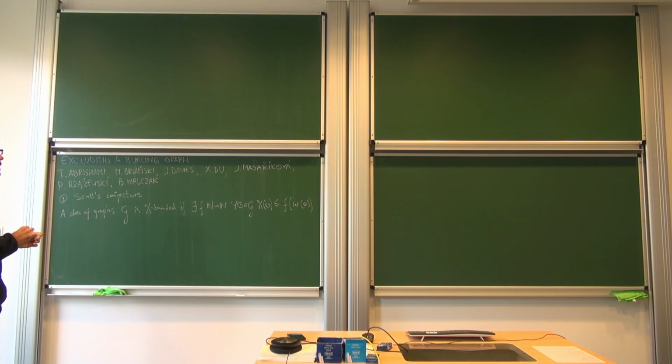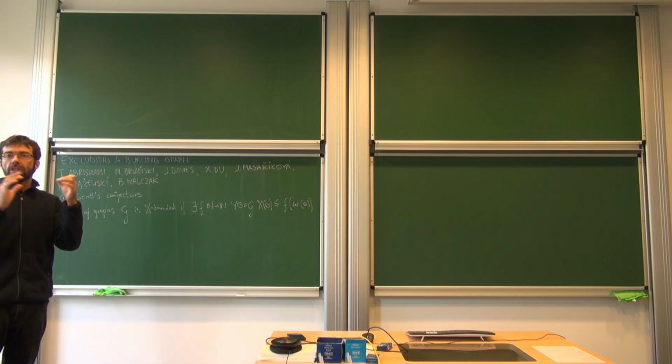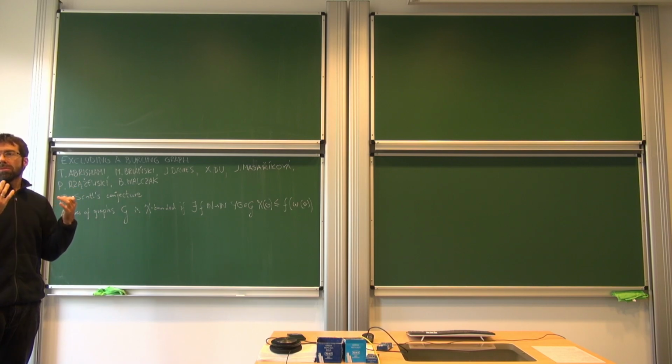In particular, a fundamental problem is what kind of structures we can exclude as induced subgraphs so that the class of graphs that is obtained after excluding these structures becomes chi-bounded.